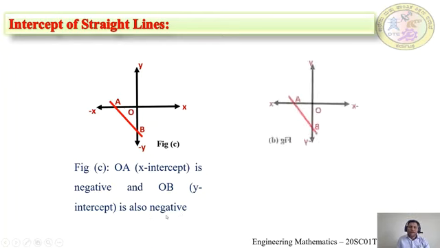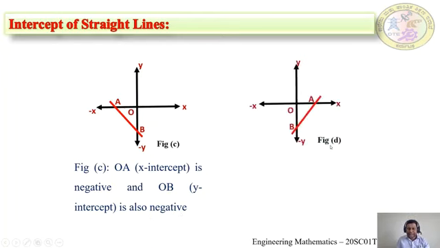Then we will go for case 4 here, that is figure D. Here you can observe A is in the positive x direction and B is in the negative y direction. A is on the positive x-axis, B is on the negative y-axis. Hence here the x-intercept is positive and the y-intercept is negative.